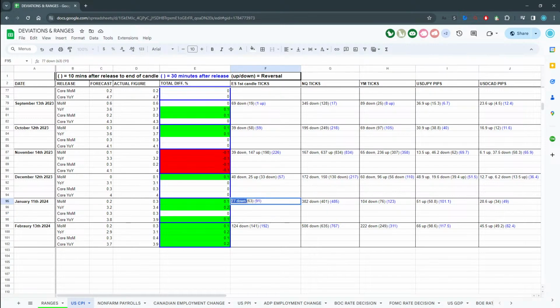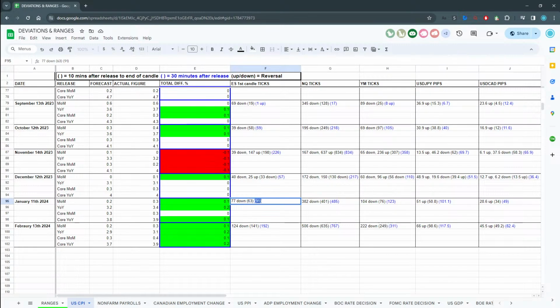This initial market reaction figure shows you the initial market reaction going to the wick of the candle. And then the figure in the black brackets shows you the movement 10 minutes after the release, going to the end of the candle, where the candle ended.